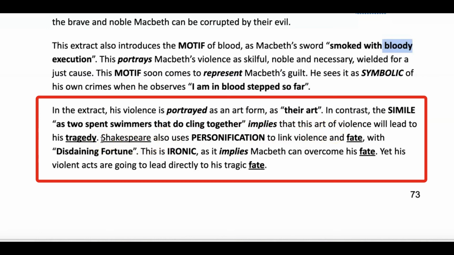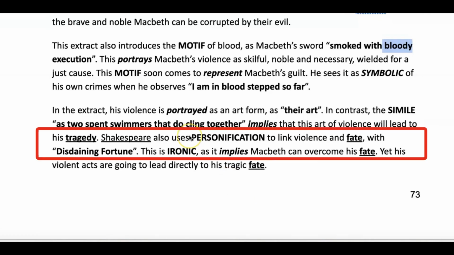Shakespeare also uses personification to link violence and fate with disdaining fortune. This is ironic as it implies Macbeth can overcome his fate, yet his violent acts are going to lead directly to his tragic fate. Okay, it's worth pointing out that the student is actually wrong here, but that doesn't matter.